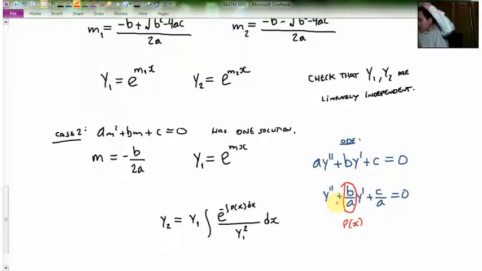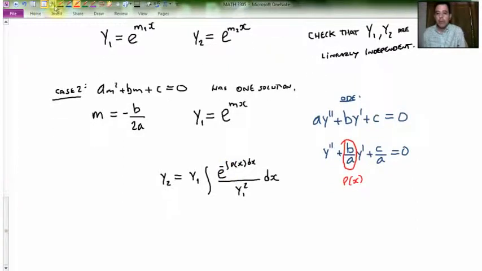All right. So then you can put that in there. So we found two solutions again, and they're linearly independent. Case number 3, it's an interesting case.